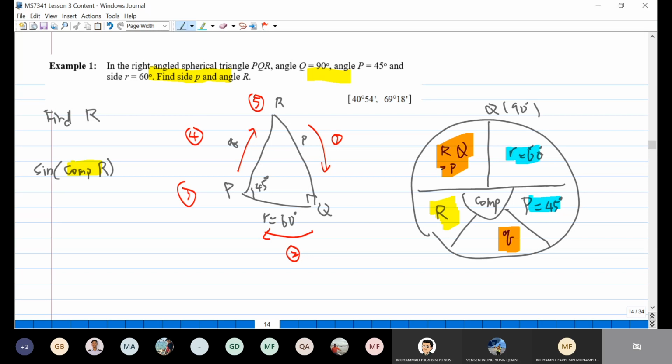So this is equal to cosine of... I want to erase this triangle now, there's no space already. So let me erase this triangle here.